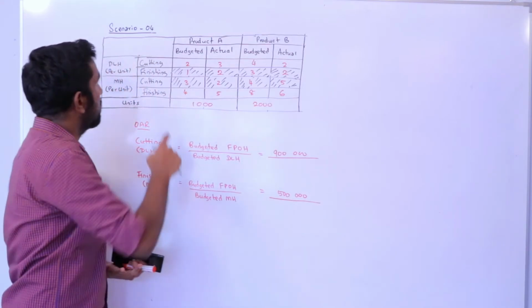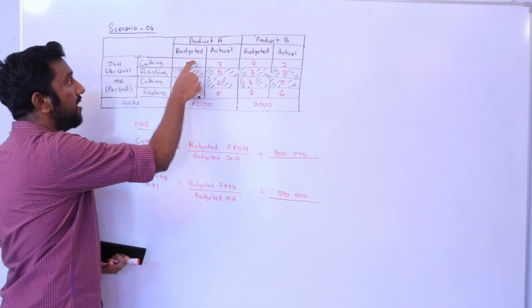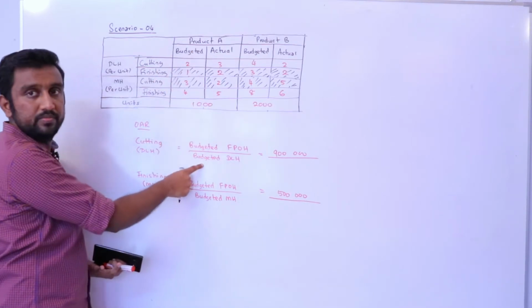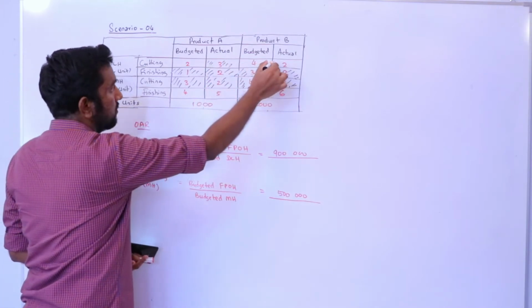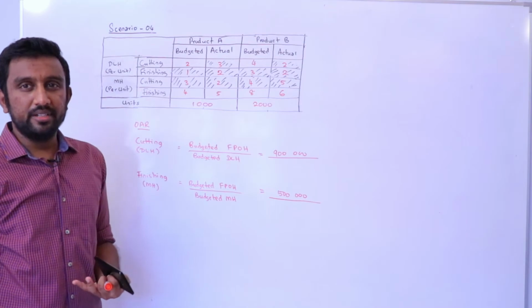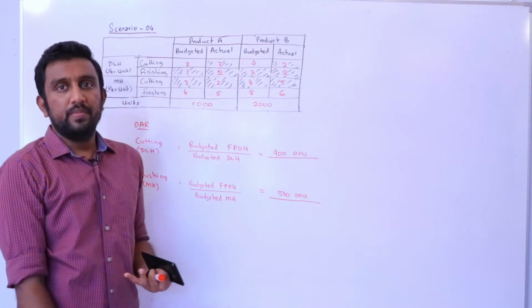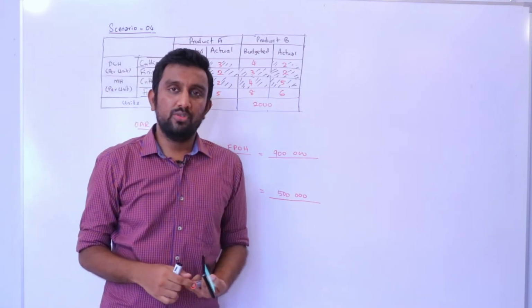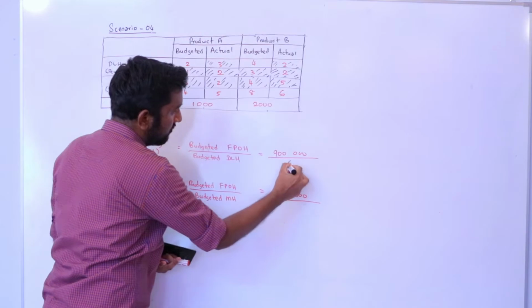So for the cutting department, direct labor hours. We are talking about budgeted, so actual is not needed. Budgeted we have 2 and 4. Can we put 6 here?